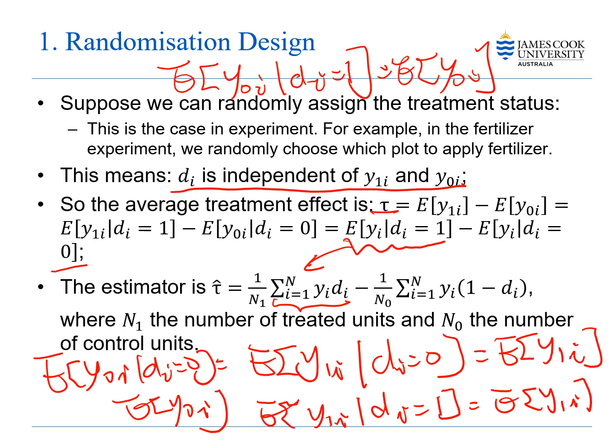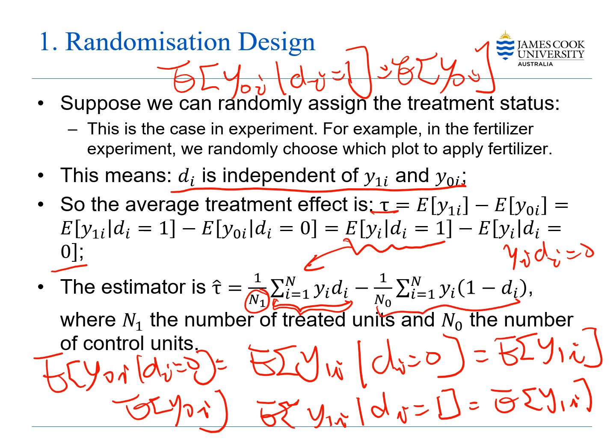Some of these observations will have di equal to 1, the others will have di equal to 0. If di is equal to 0, yi di is 0, so adding 0 doesn't matter. So this sum is the sum of y over di equal to 1, divided by the number of treated units. So this is the estimate of the expected value of y conditional on di equal to 1.